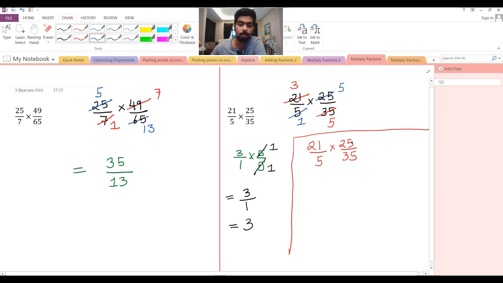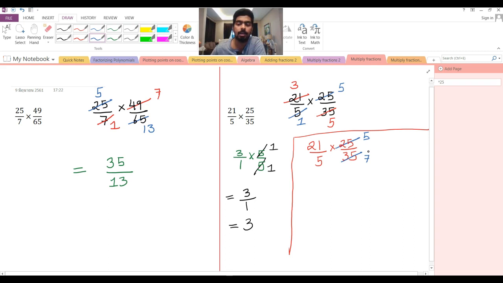Now here what we'll be doing is we'll be simplifying it vertically, so numerator with the same denominator. We know that since these two end with 5, both can be divided by 5. So let's see, 25 divided by 5 gives us 5, and 35 divided by 5 gives us 7.